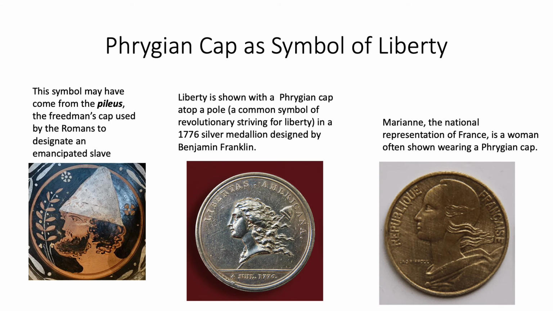Likewise, the French took this up, and there are all kinds of Marianne figures, the national feminine representation of France, shown as a woman wearing a Phrygian cap. In addition, although I do not show it here, the Phrygian cap is part of the national seals of several South American countries.